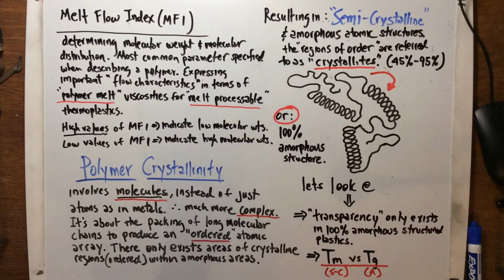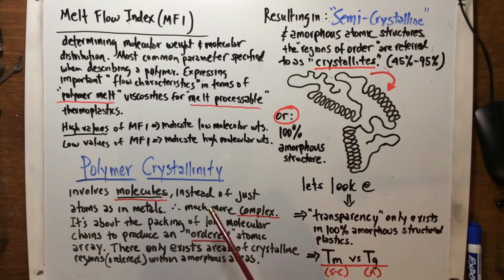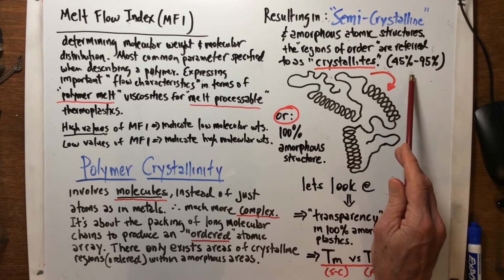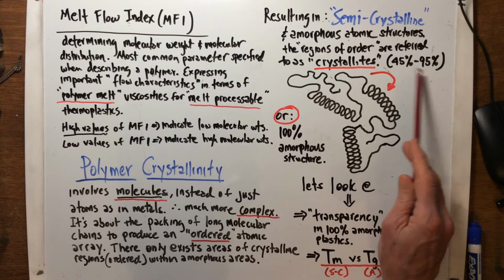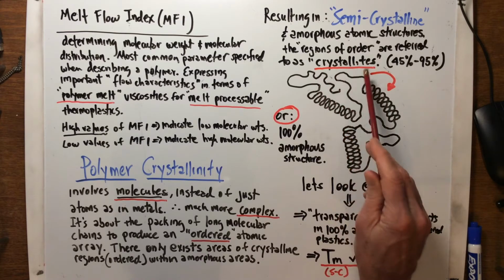They're always going to have regions or areas of amorphous material. And as a matter of fact, the crystalline regions, which we're calling crystallites here, usually range anywhere from 45 up to about 95% maximum.